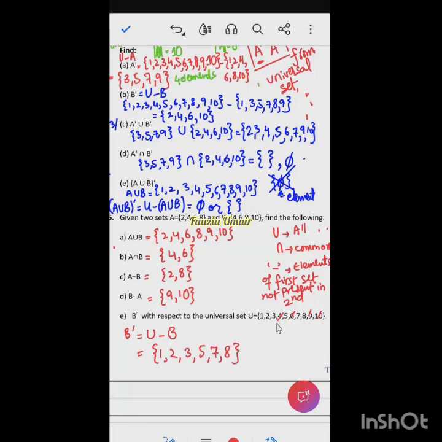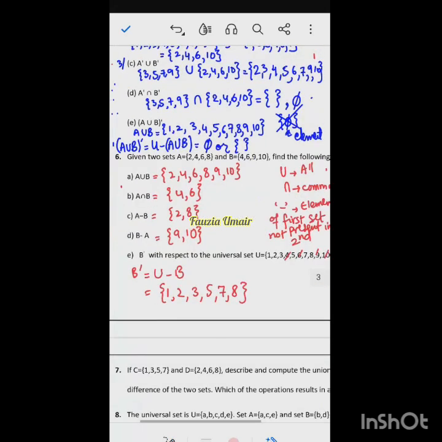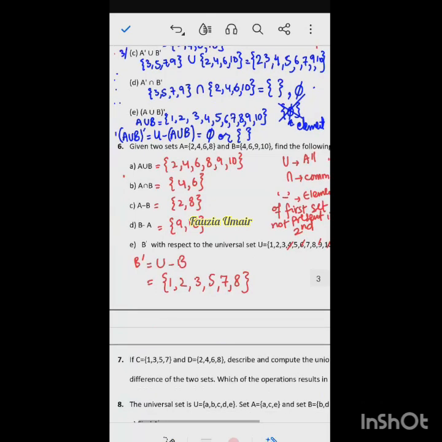Question number 6 is done. Now moving on to question number 7. If C is equal to 1, 3, 5, 7 and D is the set of even numbers, we need to find out the union, intersection, and difference of the two sets.